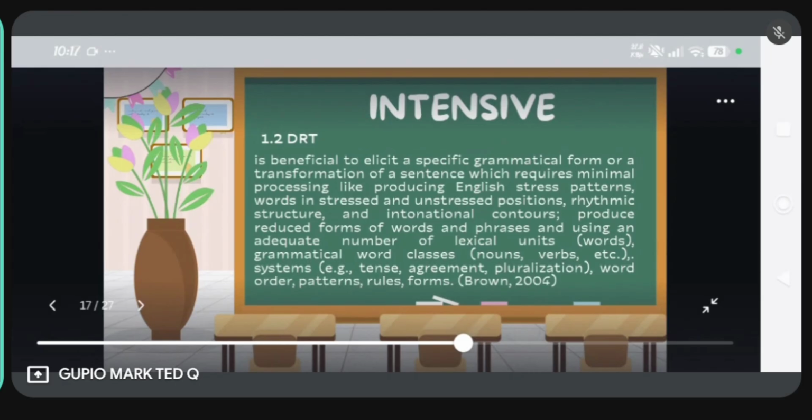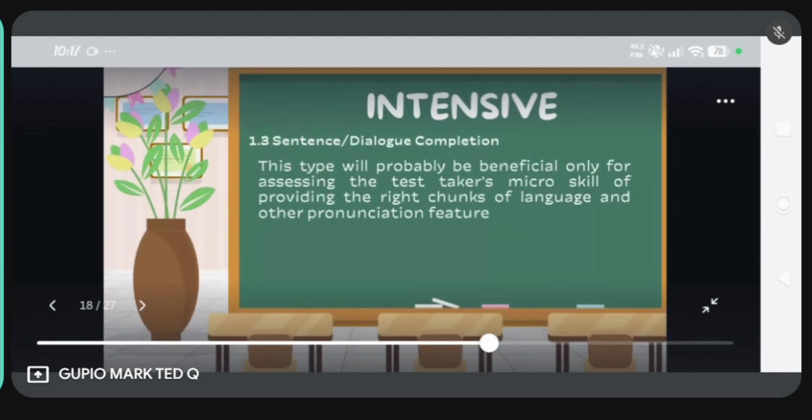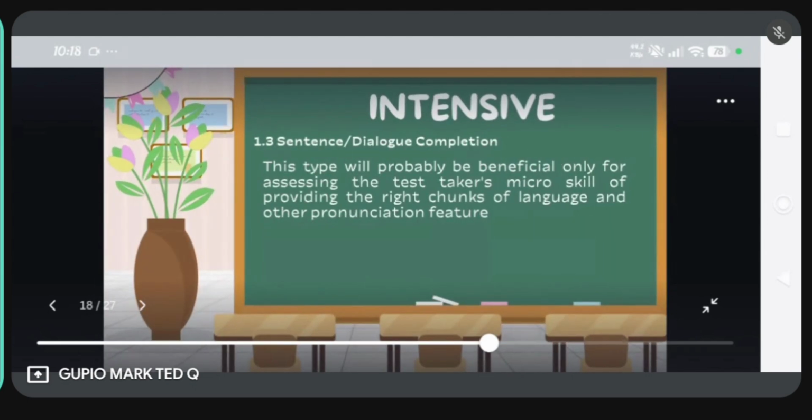extensive monologue. So now I will explain what extensive is. It's a form of communication in which one person speaks or writes at length about a particular topic without interruptions. It requires the speaker or writer to organize ideas clearly, develop them in detail, and present them in a logical order.